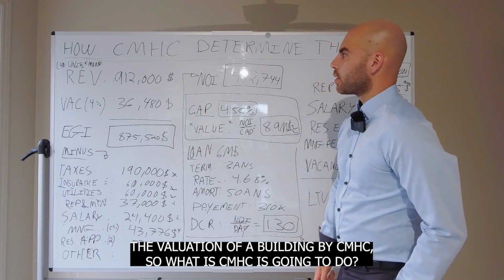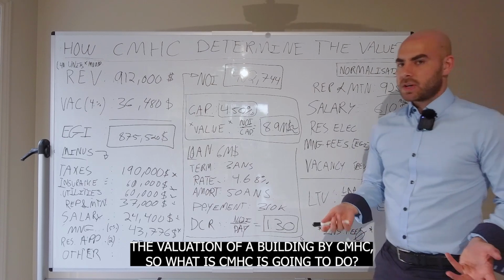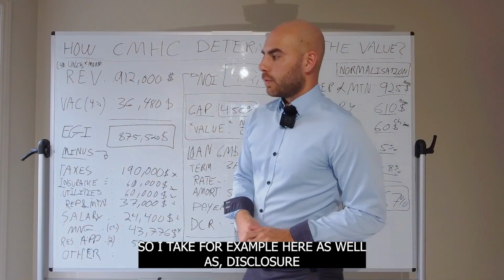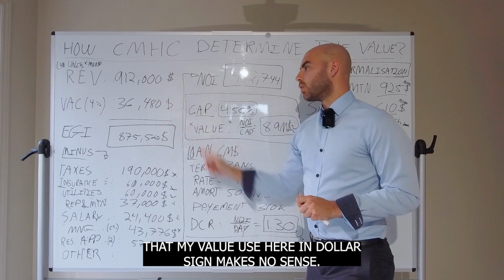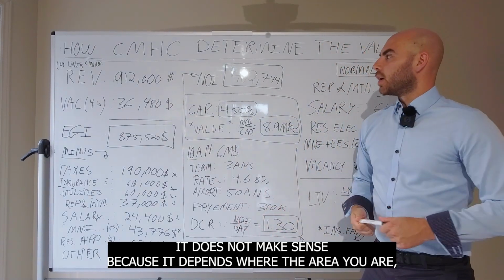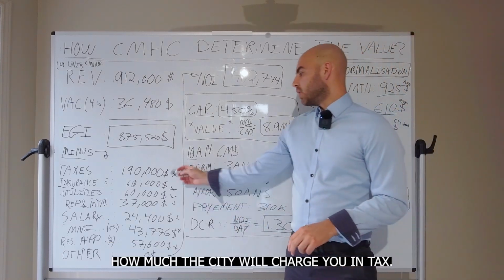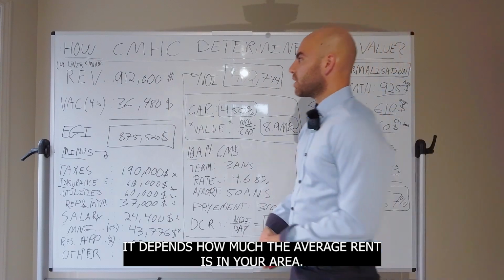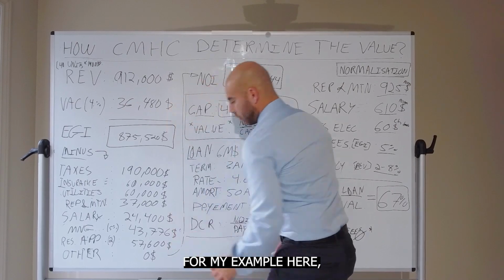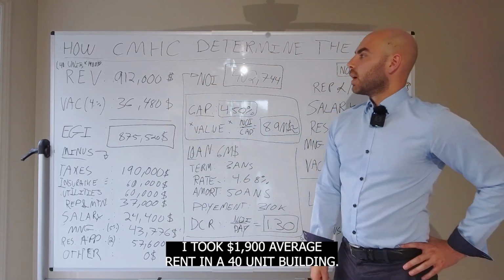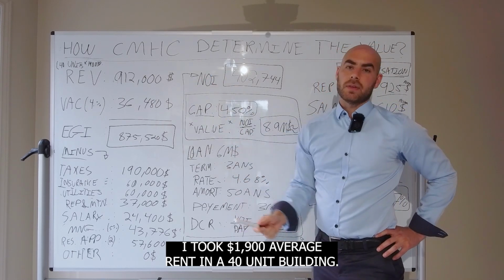So for the valuation of a building by CMHC, what is CMHC gonna do? As a disclosure, the values I use here in dollars make no sense, because it depends on the area you are in, how much the city will charge you in tax, and how much the average rent is in your area. For my example here, I took a $1,900 average rent in a 40-unit building, okay?